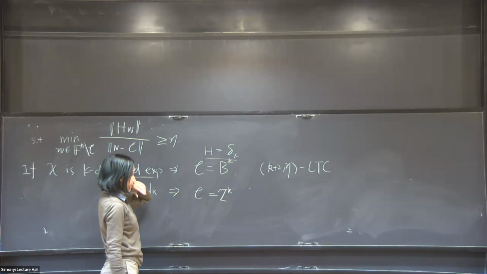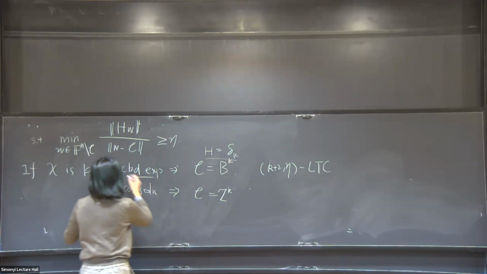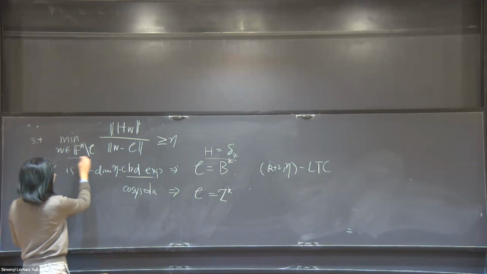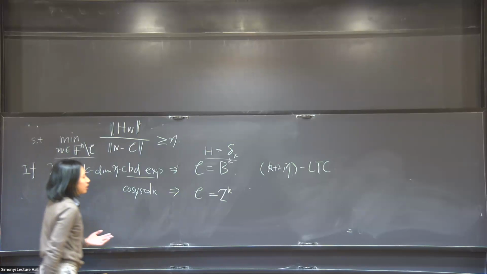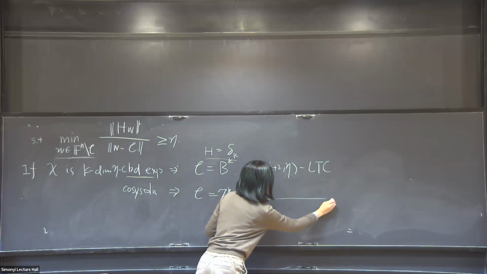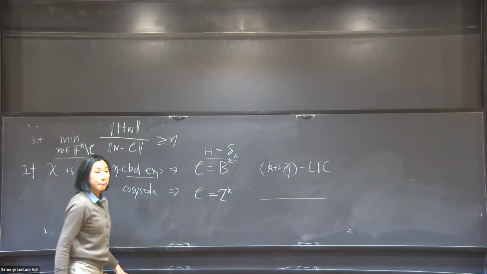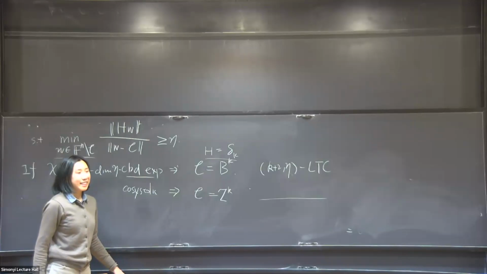But then I'm testing basically all the things that are outside Z^k. So those are not codewords. And they will still have the same parameters. And all these words will actually be a constant fraction.